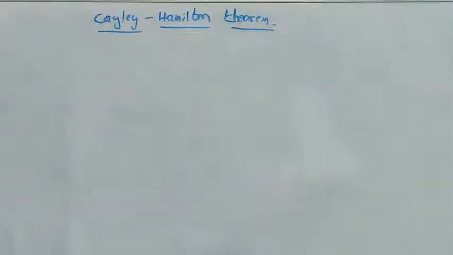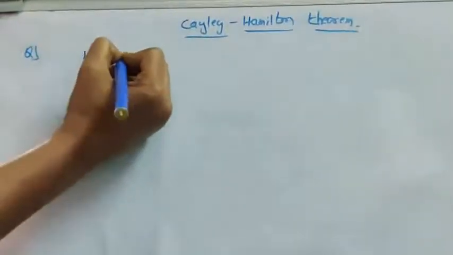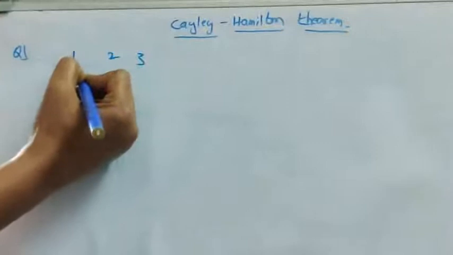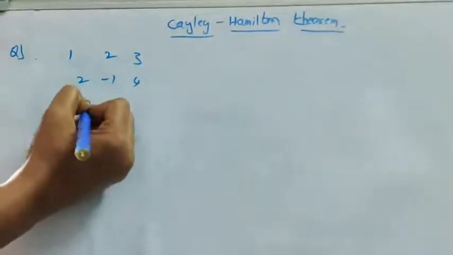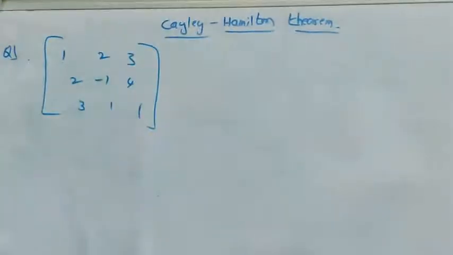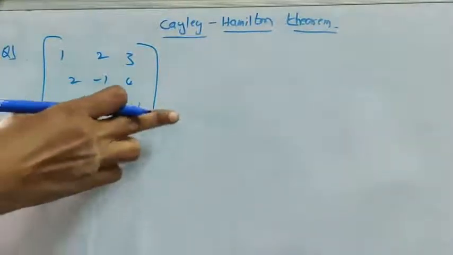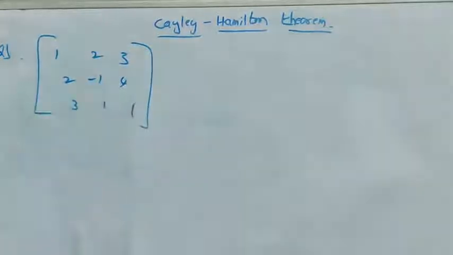Consider a matrix like 1, 2, 3, 2, -1, 4, 3, 1, 1. They will give the question like this: find the characteristic equation of the following matrix and verify the Cayley-Hamilton theorem.